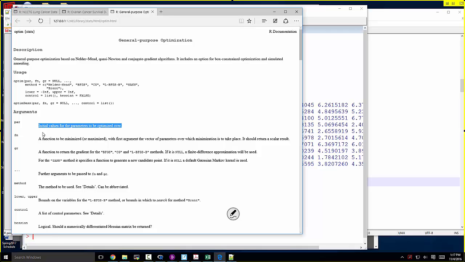We provide that. The second argument is a function that it can call repeatedly. So it needs to be a function of the parameters. It is the function we want to maximize. In our case, it needs to be a log likelihood. So we're going to need a function that codes up the log likelihood for right censored data in terms of a normal distribution.